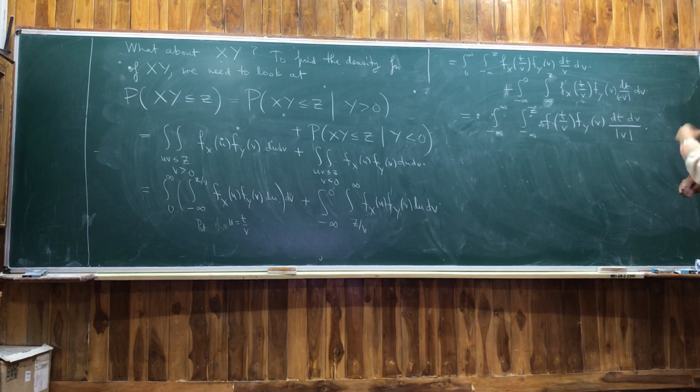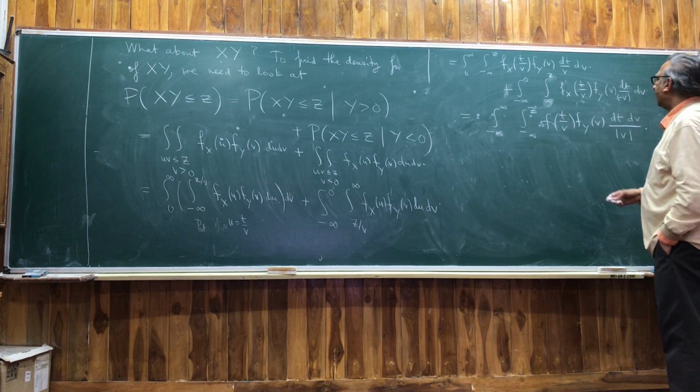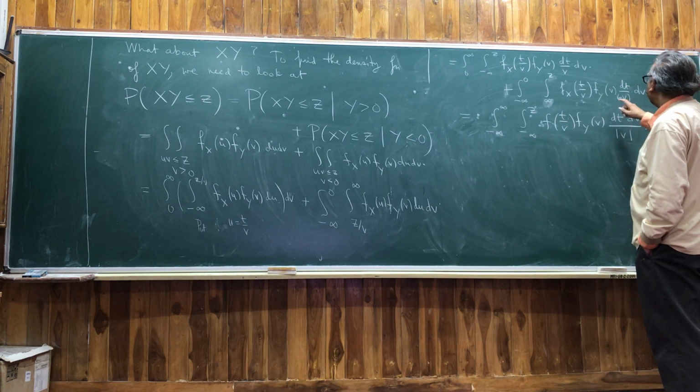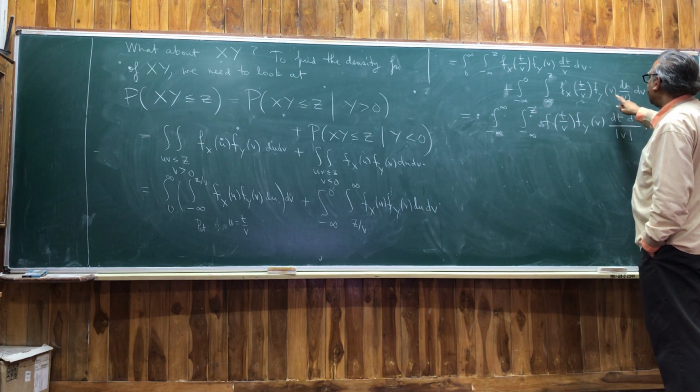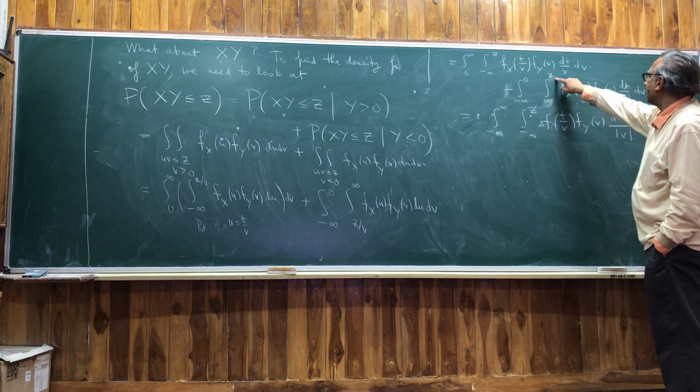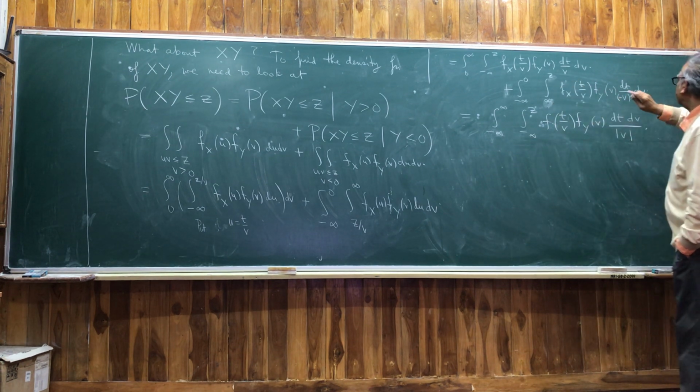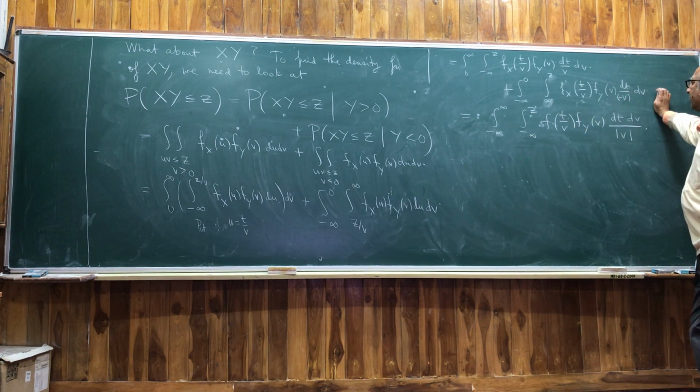Ah, yeah, that's right. So if I were to change v to, so this inside integral is from infinity to z. If I were to change all the v's to minus v's, would that help?